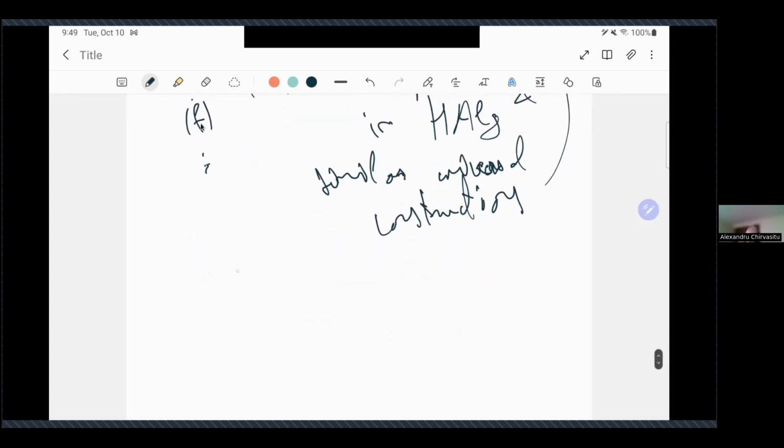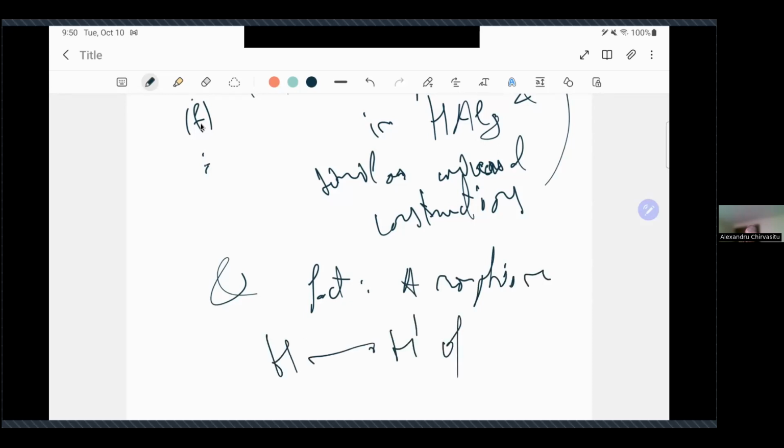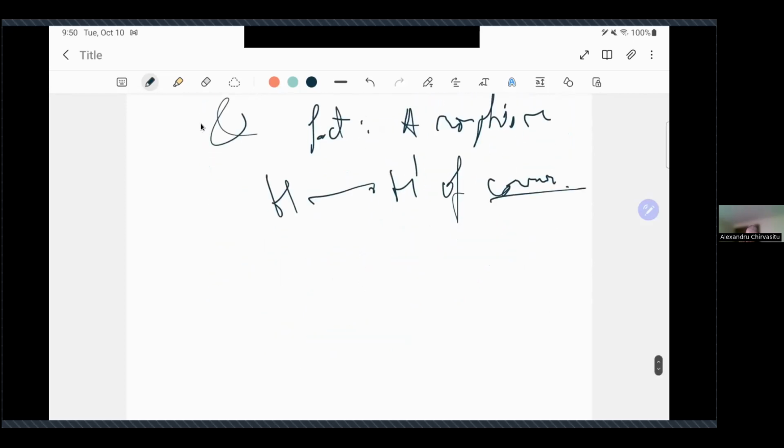And all of this specializes back. It's a fact that if I give you a morphism of commutative Hopf algebras, it's monic.